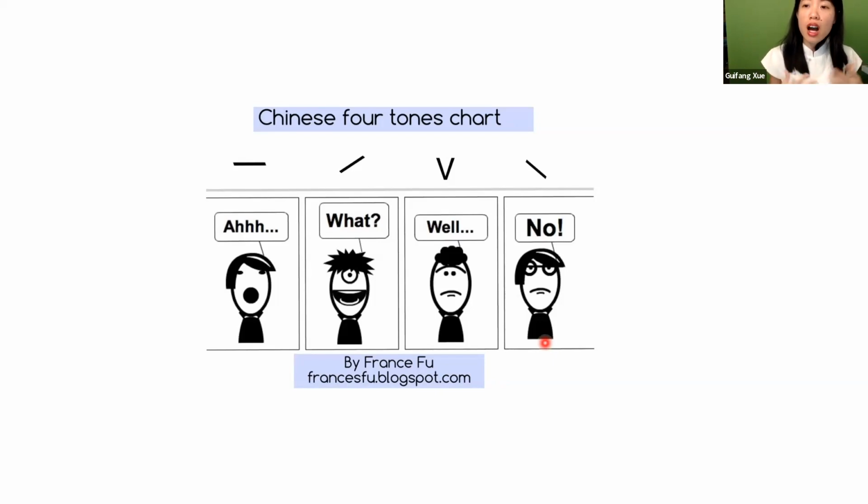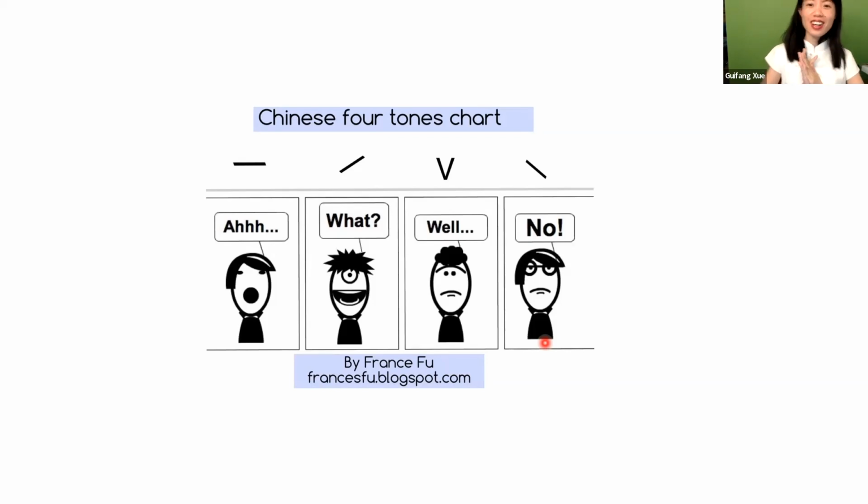You say it with a calm tone. And then for the second tone, like, what? What are you talking about? What? You're confused, you're shocked, you're in disbelief. So that's like the second tone sound.